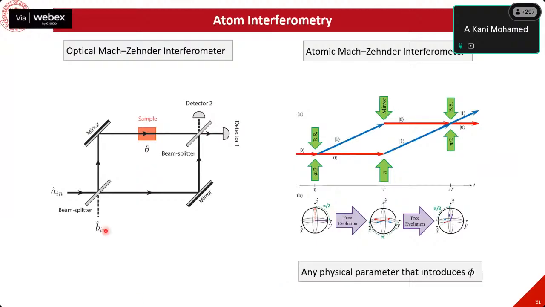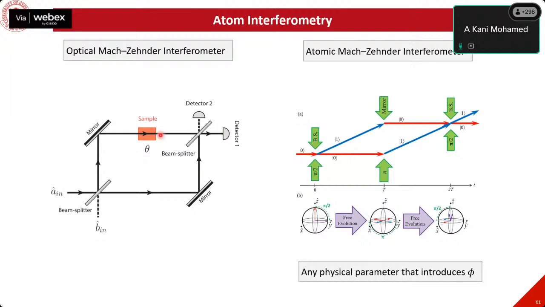This is the famous optical interferometer called the Michelson interferometer, where the light is being sent, and this is a beam splitter and mirrors which are used to split the light beam, change its direction, and then finally recombine the light beams and try to detect anything that gives a change in the phase of this beam that we can detect.